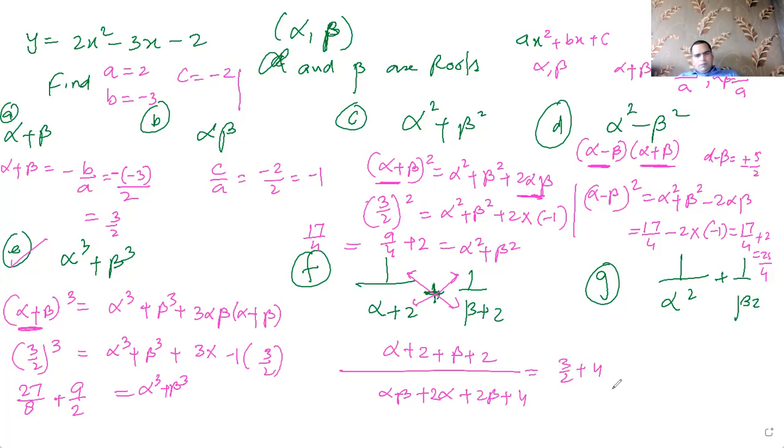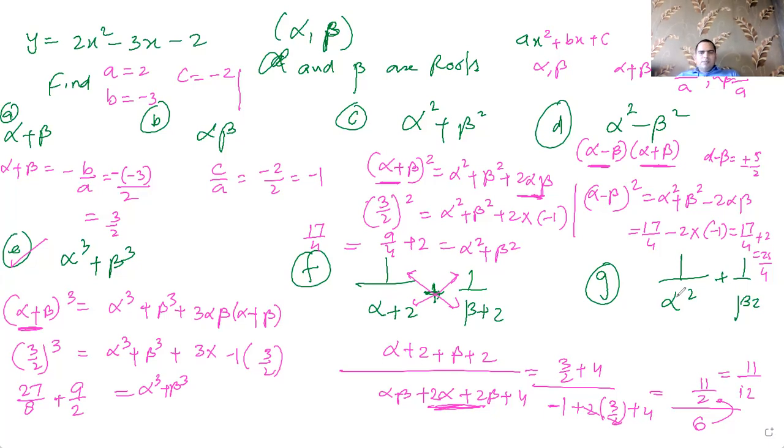So 3 over 2 plus 4 on top, because 2 plus 2 is 4, and alpha times beta is negative 1 plus 2 times 3 over 2, if I take 2 common, plus 4. So this becomes 11 over 2 on top, and the 2 and 2 get cancelled. So 4 plus 3 is 7, 7 minus 1 is 6. If I divide by 6 in the denominator, it'd be 11 upon 12.